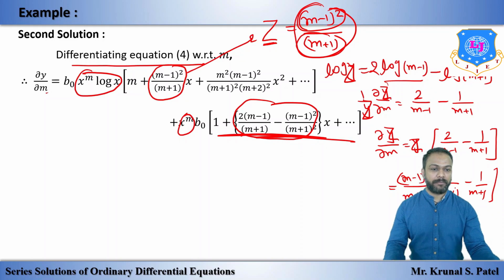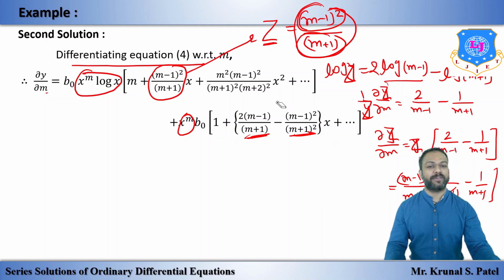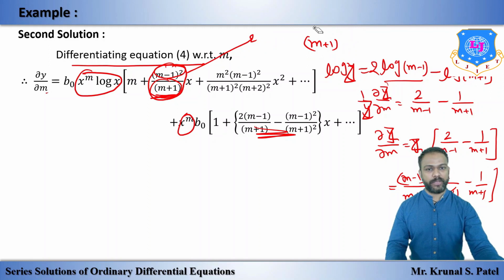You can see that by cancelling this out, we have 2 m minus 1 upon m plus 1, and if you multiply here, m minus 1 whole square upon m plus 1 whole square. So how do you differentiate this? Simple, or you can use the division method also, the u by v rule. So we have two methods. You can use either of these.